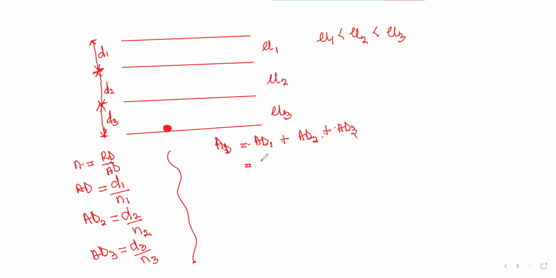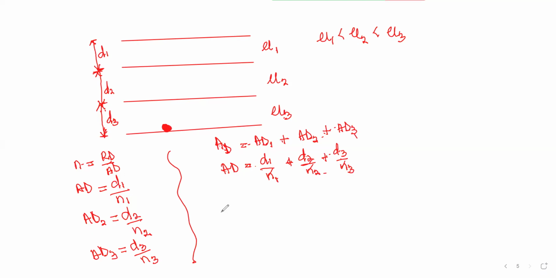AD1 is D1 over N1, plus D2 over N2, plus D3 over N3. This will be the total apparent depth of the spot placed under 3 immiscible liquids. Class, are we okay with this? We are going to apply this in solving problems.